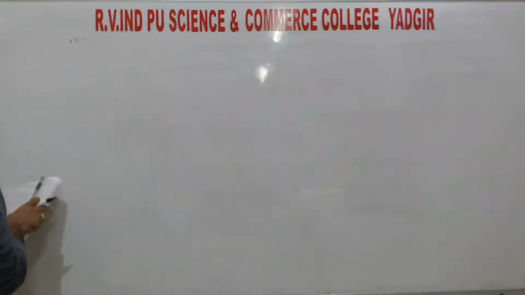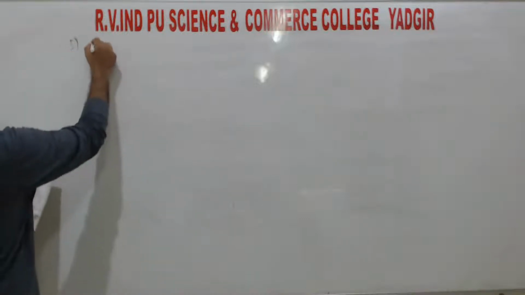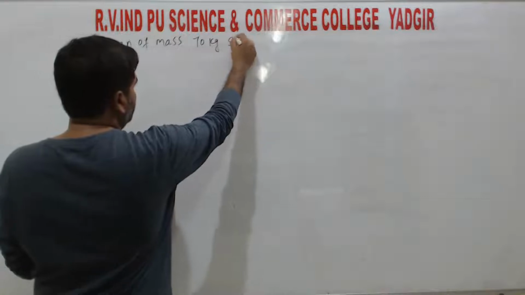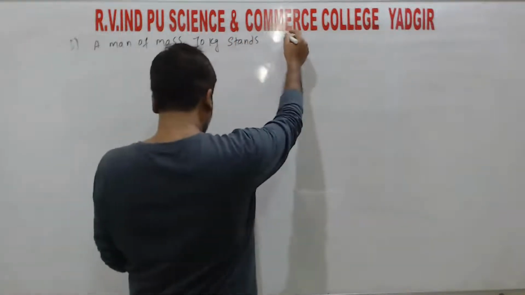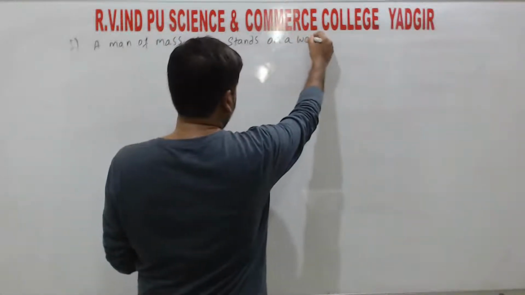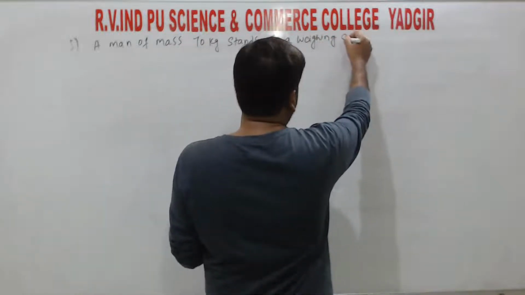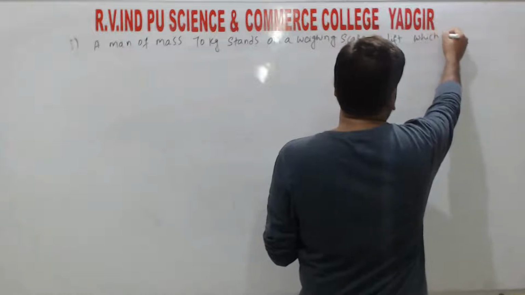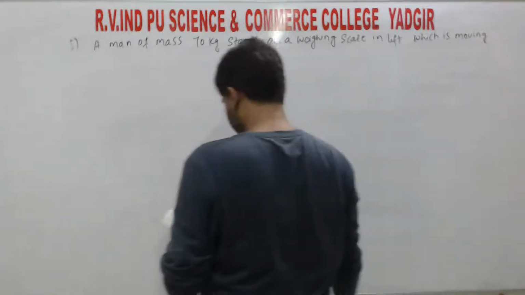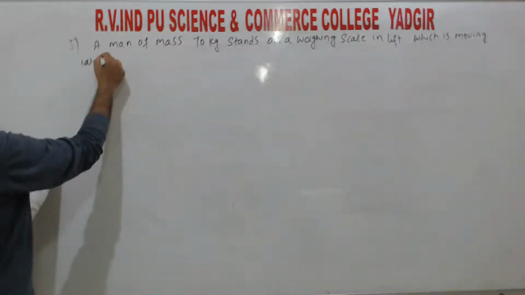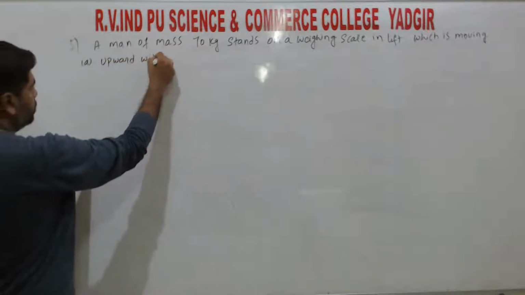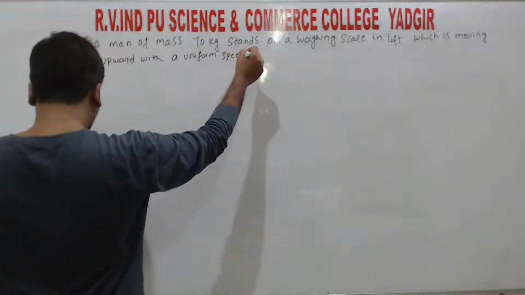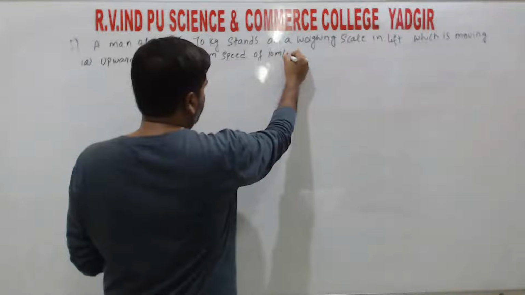So next problem: a man of mass 70 kg stands on a weighing scale in a lift which is moving, first, upward with a uniform speed of 10 meter per second.